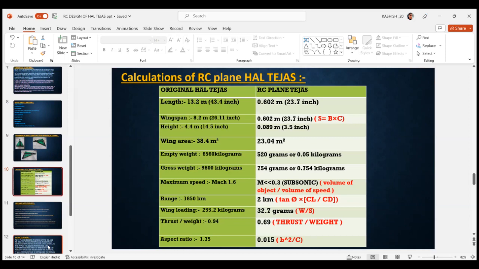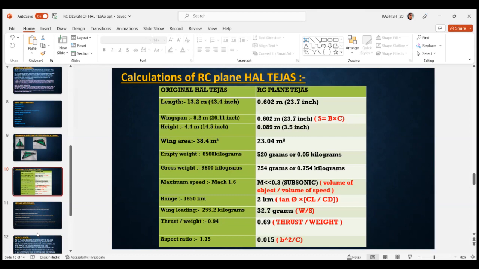Wing area is 38.4 square meters and the RC plane Tejas wing area is 23.4 square meters. Empty weight is 6,560 kilograms and the RC plane Tejas is 520 grams. Gross weight is 9,800 kilograms and the RC plane Tejas is 754 grams.